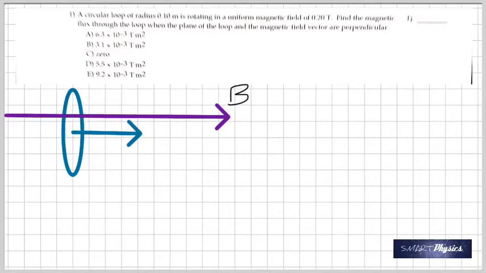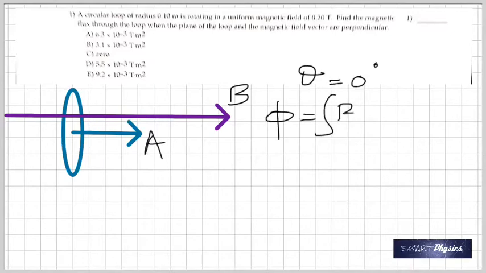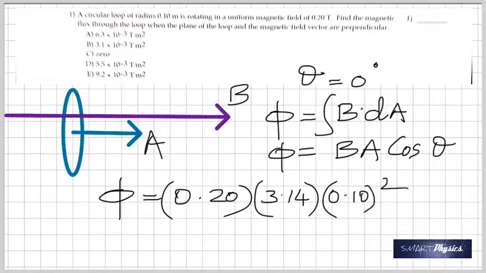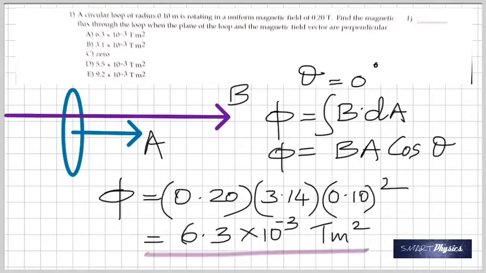If they are parallel, the angle is 0 degrees, and the flux is given by B dot A, which is BA cos theta. Cos 0 is 1, and therefore it's 6.3 times 10 to the negative 3 Tesla meter squared.